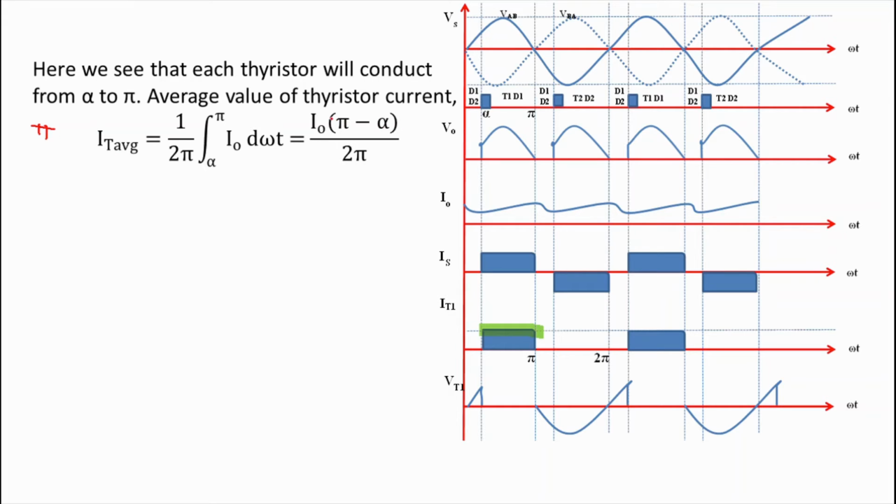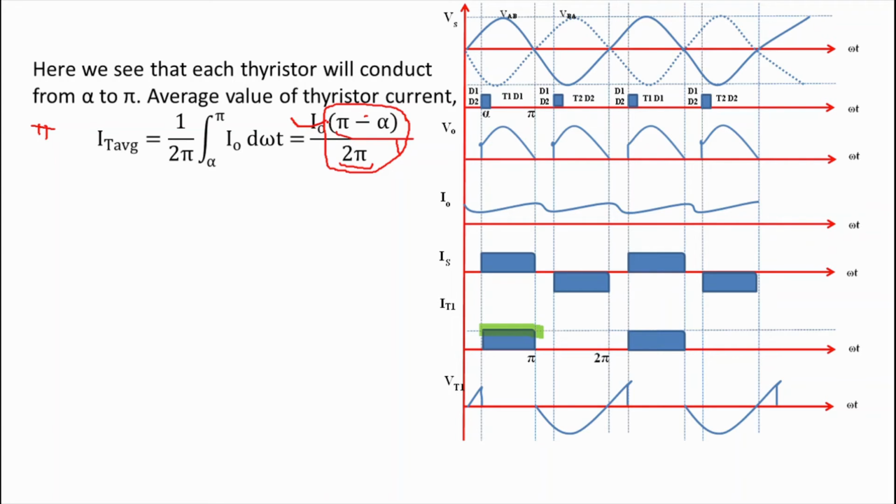But if you want to avoid this integration and you know the concept, then you can directly write the average value of thyristor current. How? See, the thyristor conducts for the period of pi minus alpha and the total time period is 2 pi. Just divide the conduction period by the total time period and multiply it by the maximum value of the rectangular waveform.